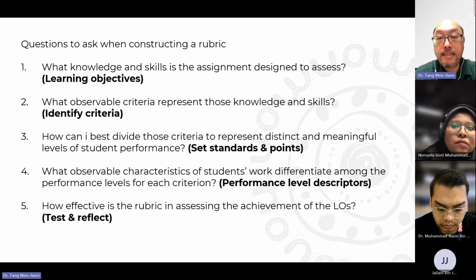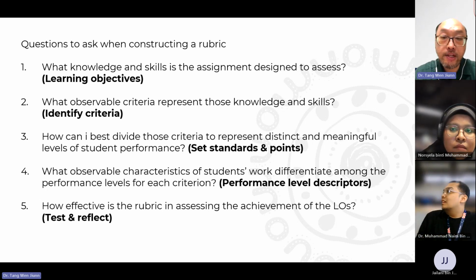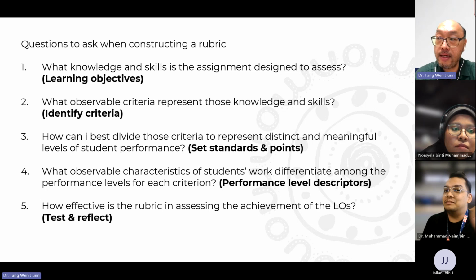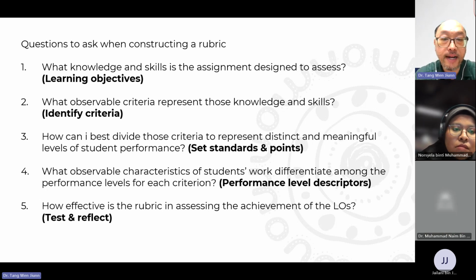For example, let's say you want the students to do a presentation. Then we want to see what we are measuring. Are we measuring their group work? Are we measuring the slides they prepare? So we plan out what criteria we want to assess. Then once we have the criteria, how do we divide those criteria?